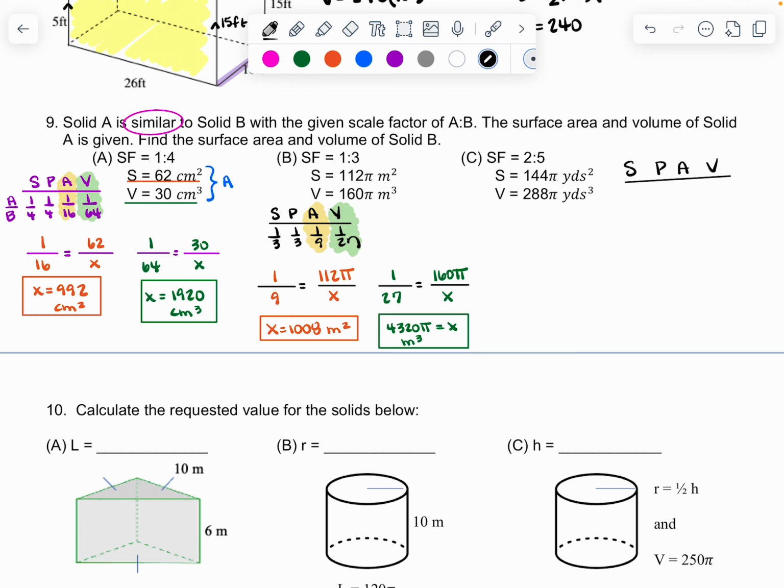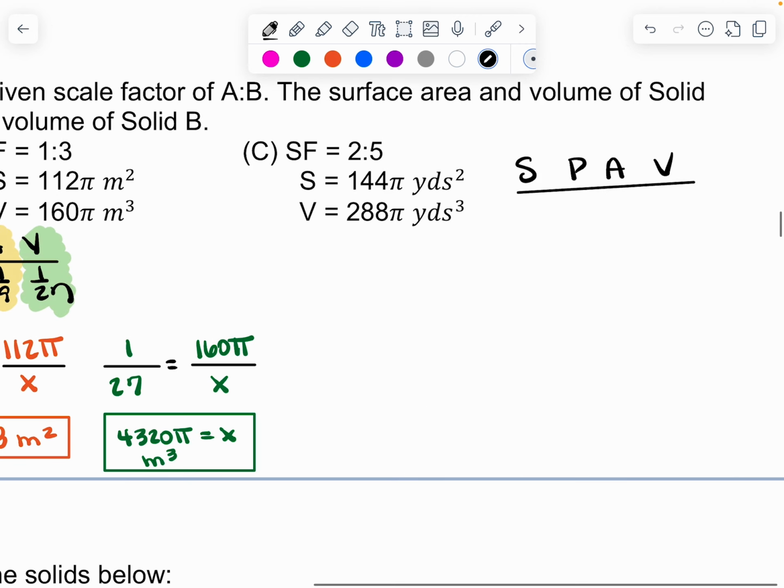The next one's going to take a little bit more work just because the ratio isn't 1 to something, it's 2 to 5, right? So that means when I zoom in, let's make that straight. There we go. Okay, sorry, it's going to bug me. Okay, so when we make our SPOV chart, the side ratio or the scale factor is 2 to 5.